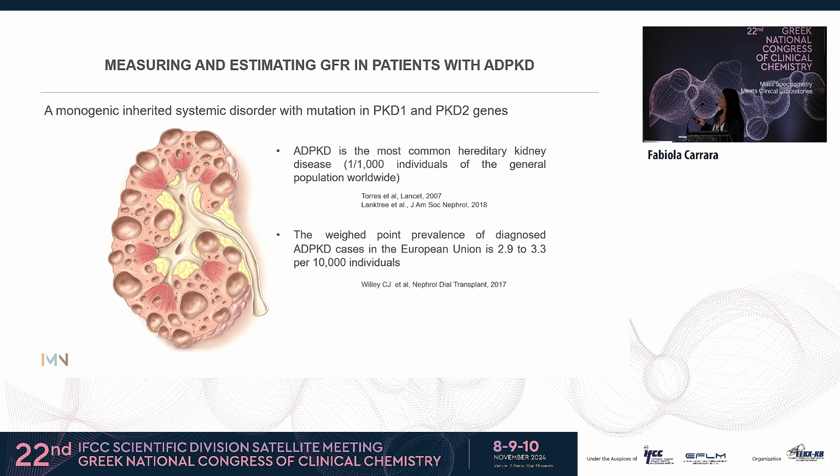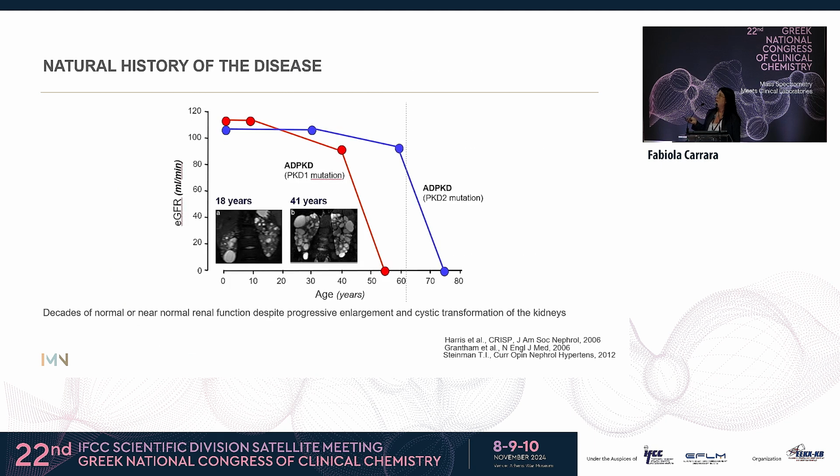And this disease is associated with the development of renal cysts, and these patients develop renal impairment after a few years. PKD1 is more common than PKD2. And this mutation leads to renal insufficiency, so to the need for dialysis and kidney transplantation, on average 20 years earlier.